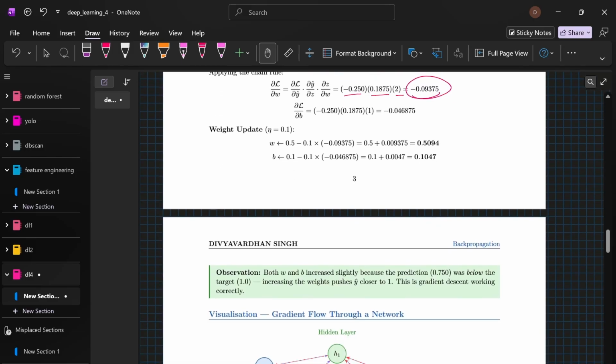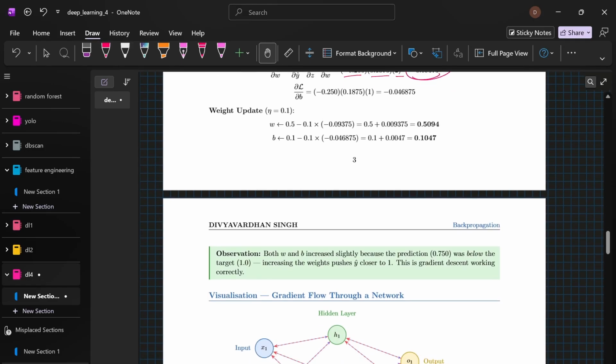So the weight is updated with a learning rate of 0.1, and w becomes 0.5 minus 0.1 times minus 0.09375, so it will be 0.5094. Okay, see, the weight increases slightly because the prediction was too low, so we push it up, and then gradient descent works perfectly.